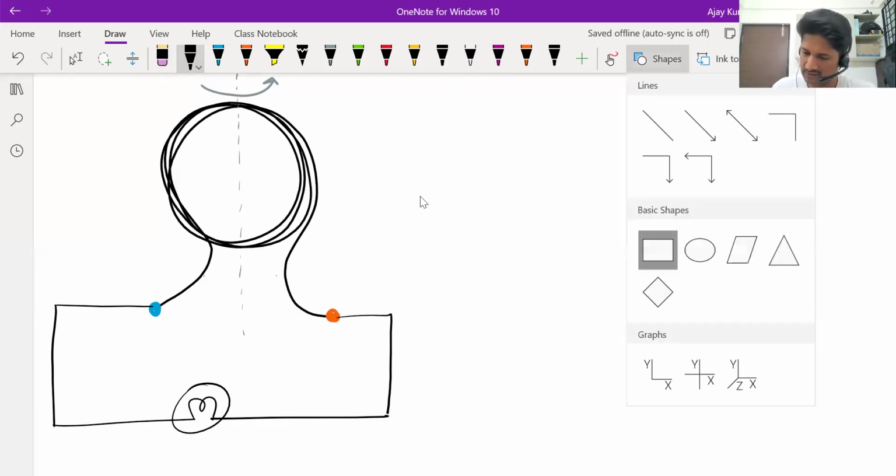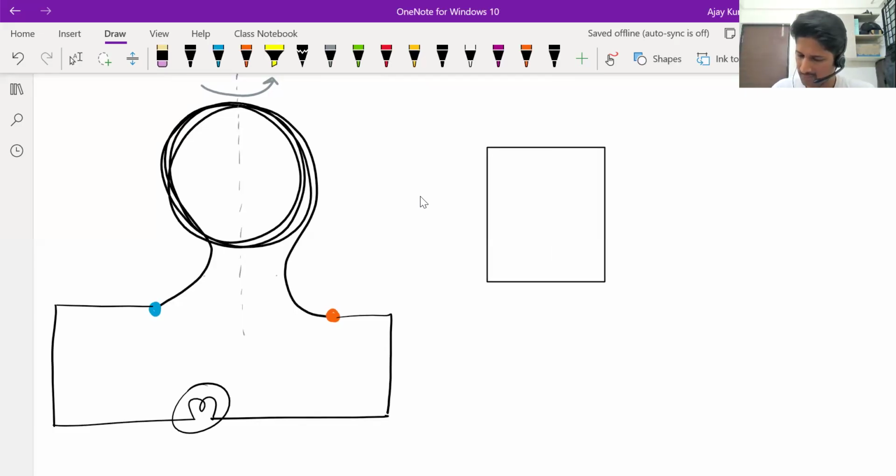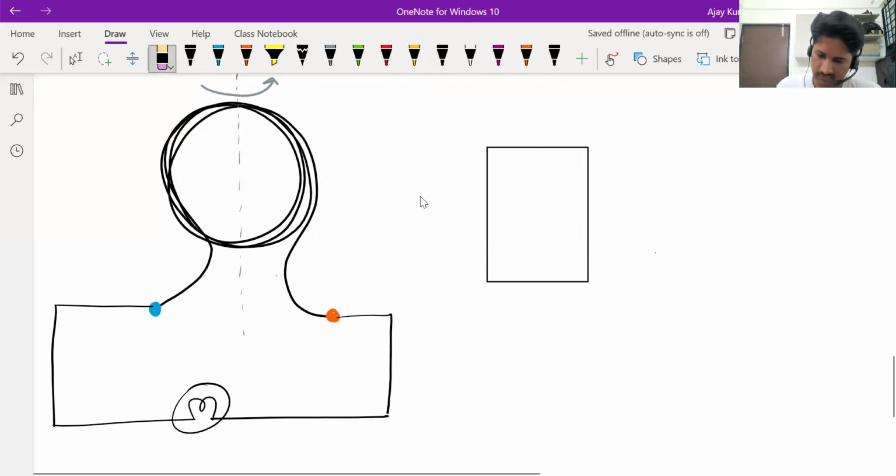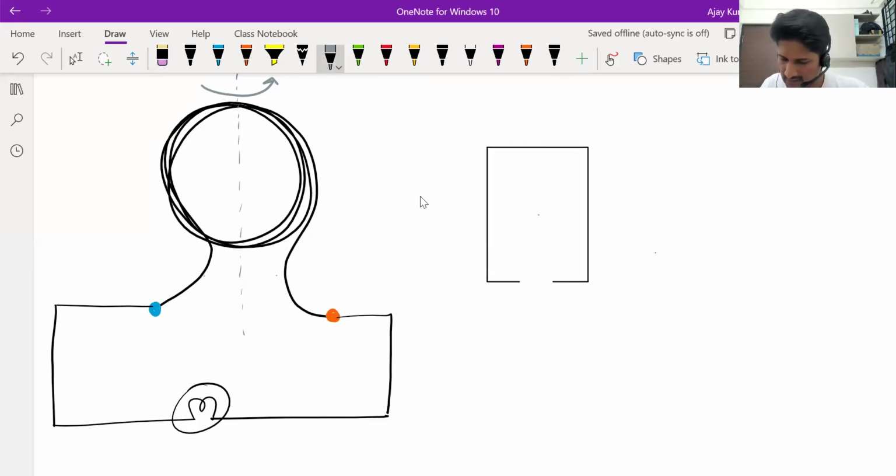Imagine something like this. Assume this is the coil. This is the axis about which it rotates. Imagine two rings. One ring here, a conducting ring, is connected to the circuit.